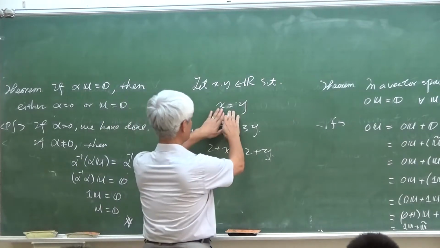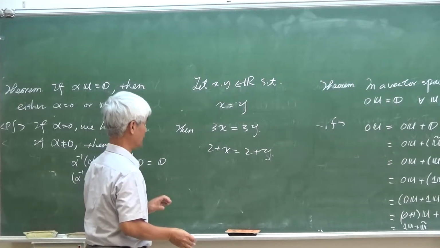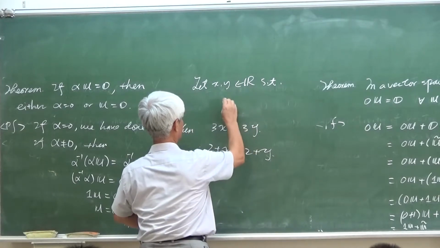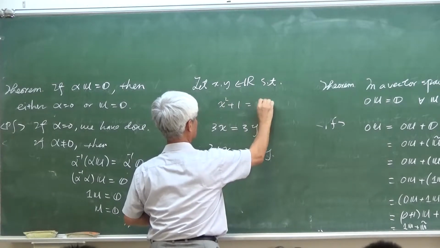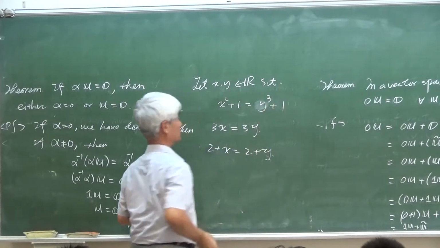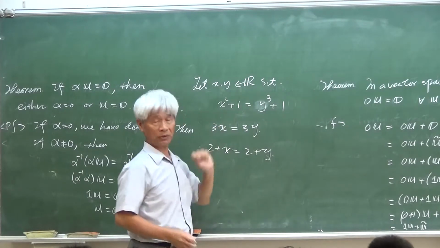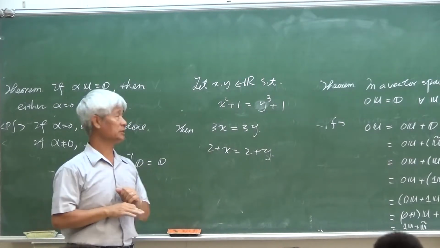Especially, x and y can be very complicated. I know the expression, something like this, but I have two expressions and I say that they are equal. I want to know the relationship between x and y. How can I do so?